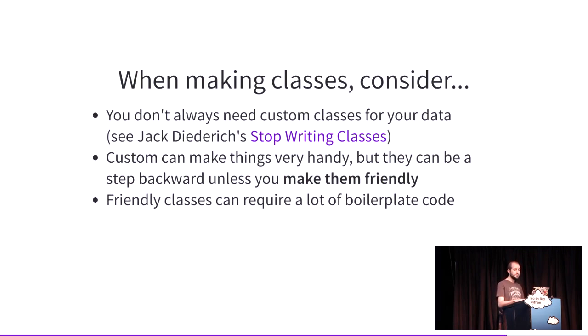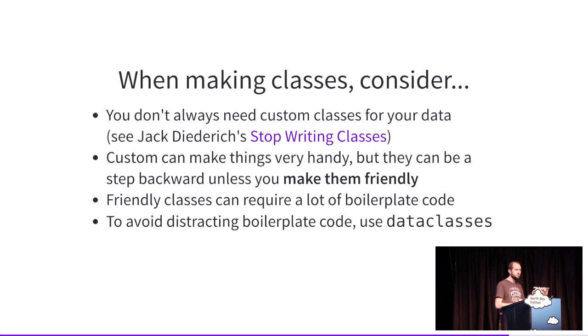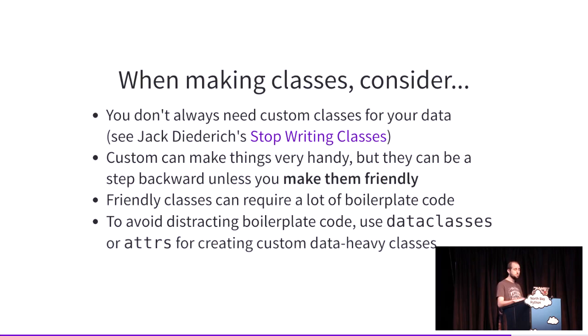But the data classes library can help you with this. It comes bundled with Python 3.7, and on any version of Python 3, you can pip install it. If you're on Python 2, or if you need more functionality than data classes provides, there's always the attrs library, which is a third-party library that is lovely and that data classes is inspired by.